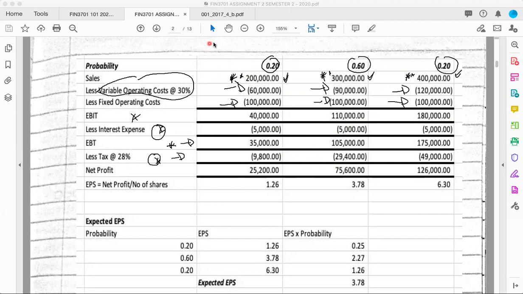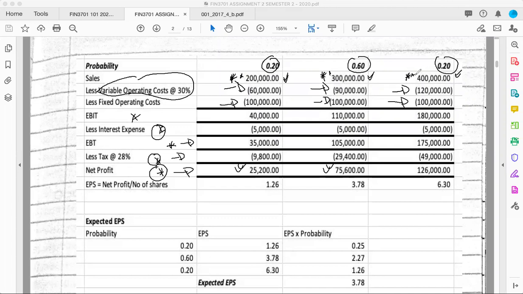And then after subtracting the tax, we are then left with our net profit. So these are the net profit amounts. Net profit under 20% when our sales are 200,000. Net profit under 60% when our net profit is 75,600 and our sales are 300,000.